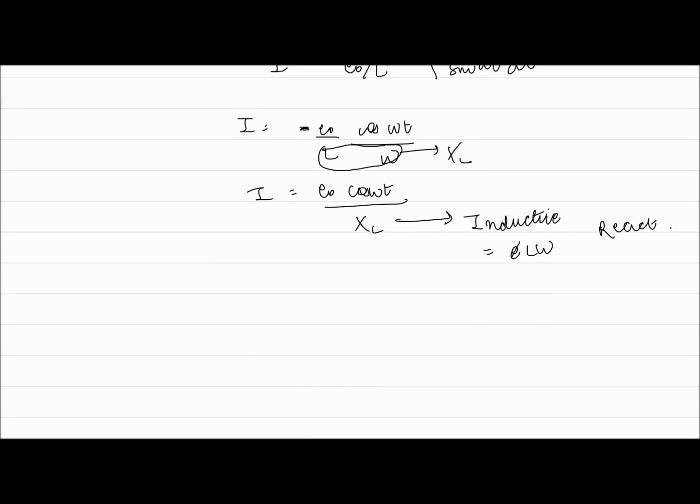So we get I equals minus E naught by XL sine pi by 2 minus omega t. So we can write it as E naught by XL sine omega t minus pi by 2.